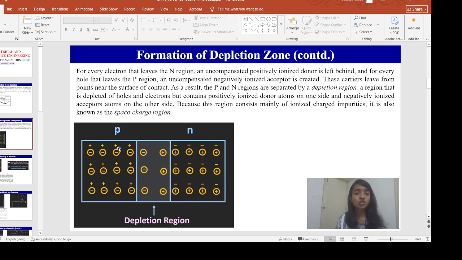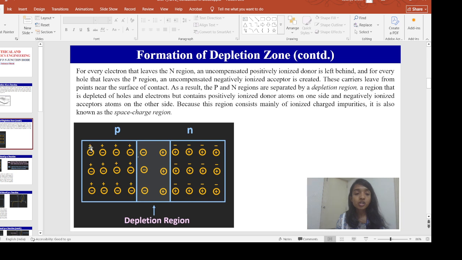When an electron leaves the n side for the p side, it leaves behind a positively charged donor ion. So for each and every electron that leaves from the n side to the p side, a positively charged donor ion is left behind.